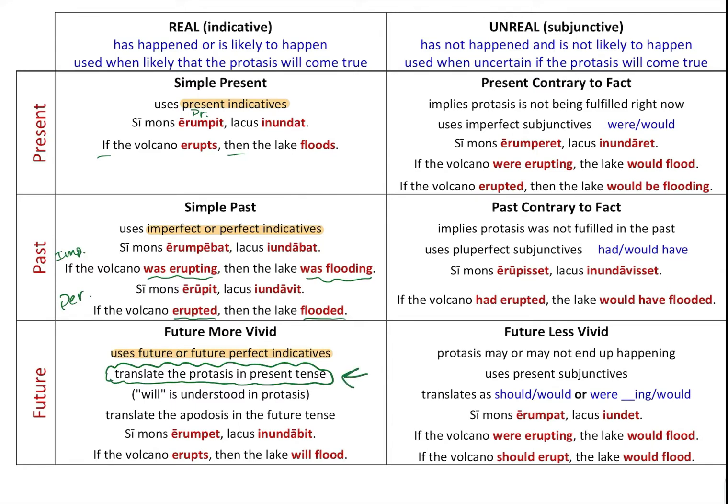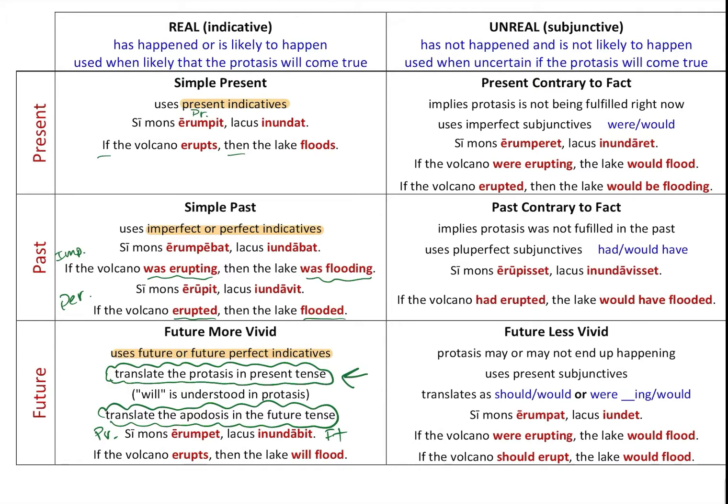And will is often understood in the protasis, okay? All right, and then we translate the apodosis in the future tense. So, first part gets translated in the present. The apodosis gets translated in the future, although both the verbs here are in future or future perfect.